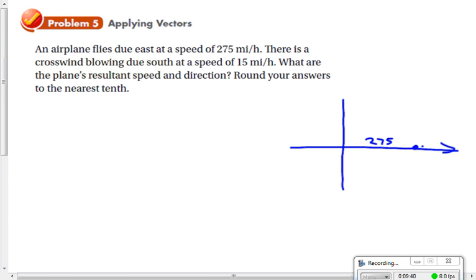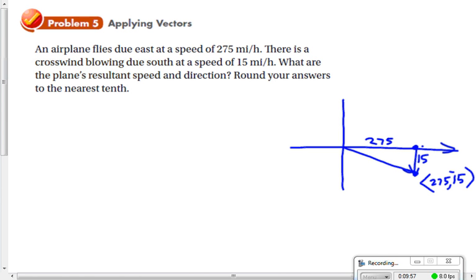And the wind is blowing due south at a speed of 15 miles per hour. So the airplane's actually going to end up here because of the speed of the wind. So this can be represented by the coordinate pair 275, negative 15, which is 1 hour's worth of travel.